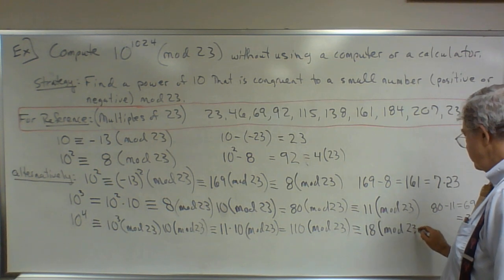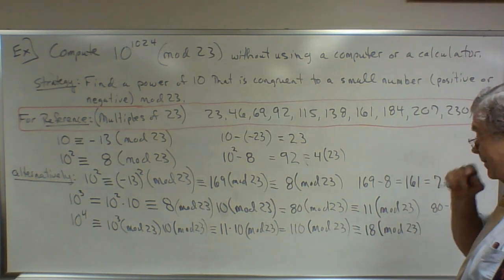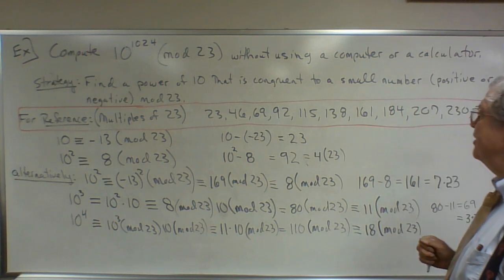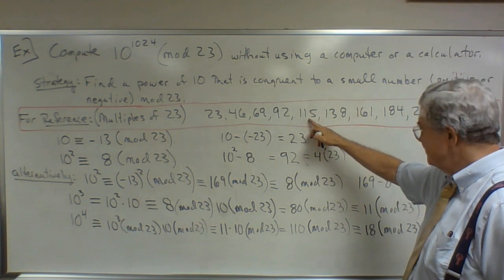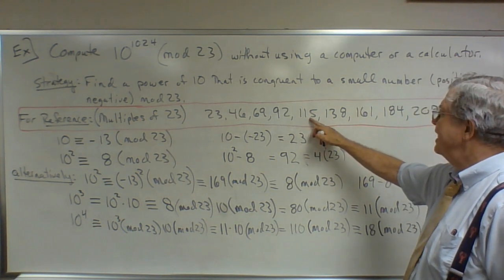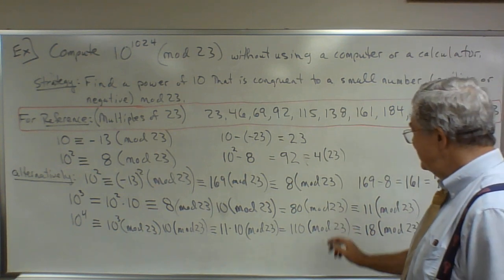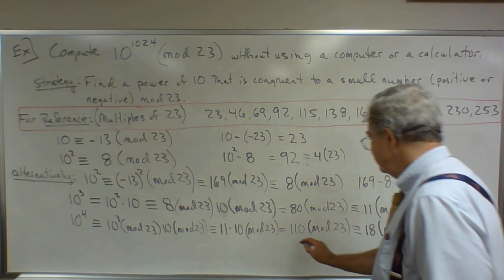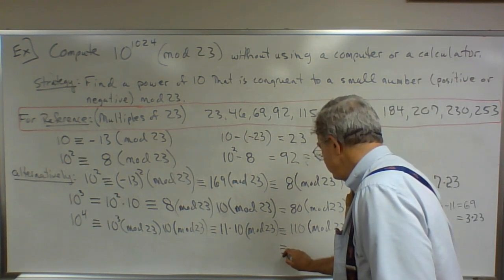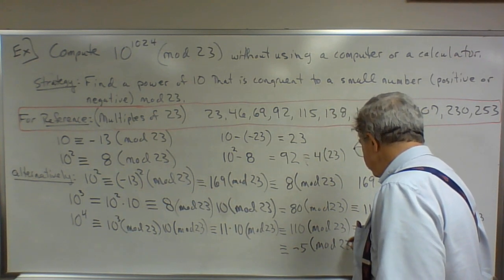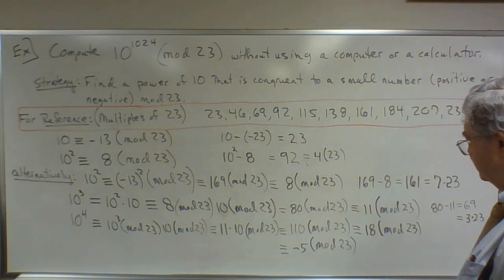Mod 23. Or I could do this. 110 is 5 less than 115. So I could say that 110 is congruent to negative 5 mod 23.